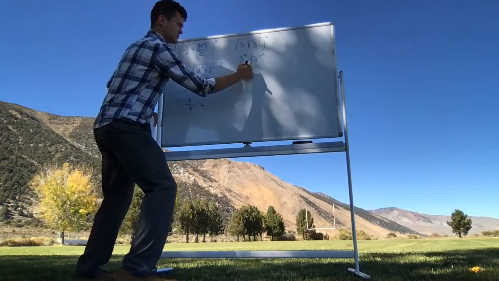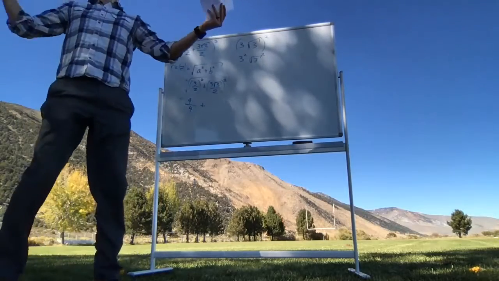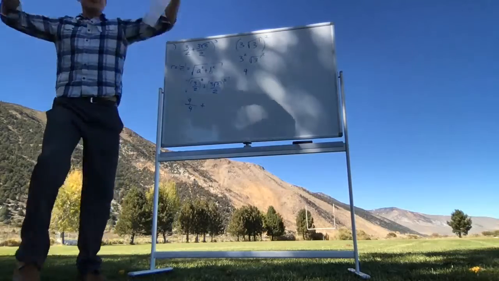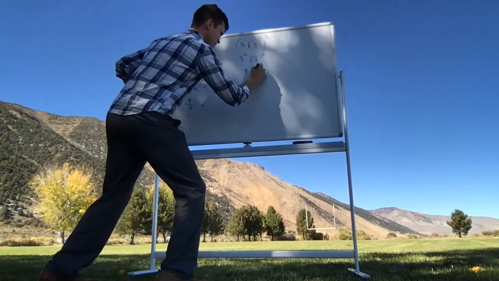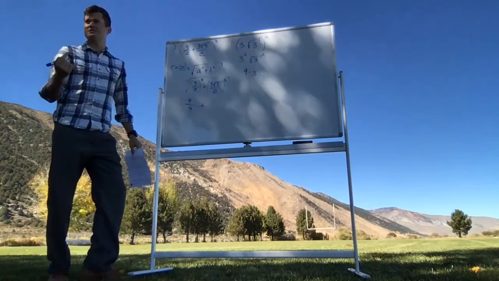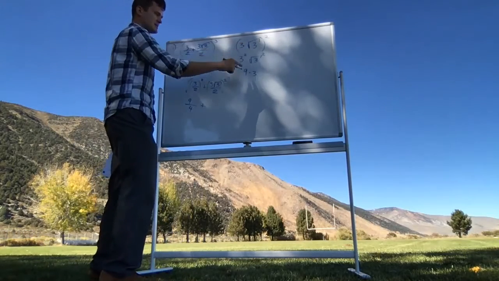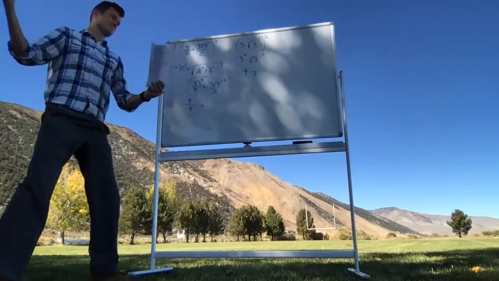3 squared turns into, you guys will all shout out at the same time, 9. And then the square root of 3 squared is 3, because the square and the square root cancel each other out, which means 3 square root of 3 squared is 9 times 3, which is 27.